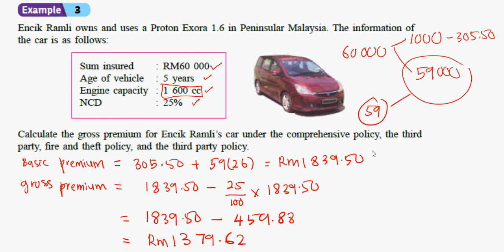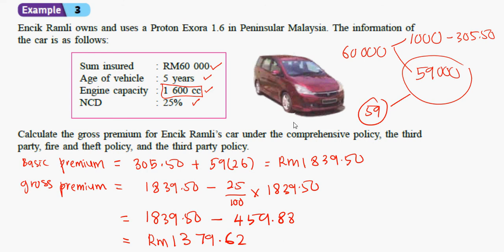So this is the basic premium, and because he has NCD, you must minus NCD. So the gross premium for comprehensive policy is 1,379 ringgit and 62 cent.